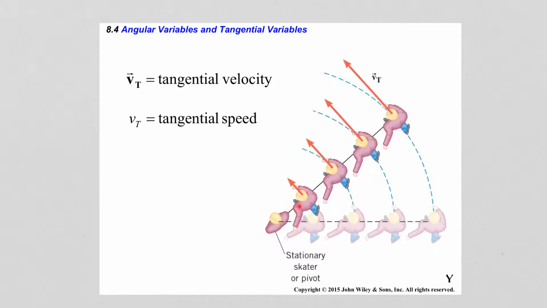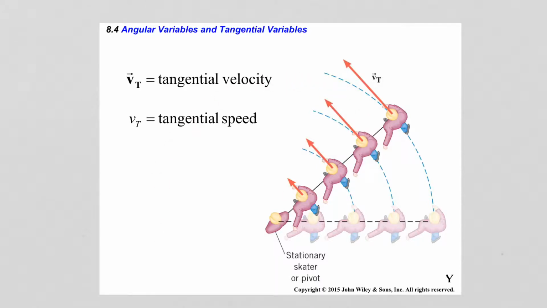At the same time, the skaters are also trying to skate faster and faster as they go around the circle. So that means that their velocities increase all the time as they are going around the circle.